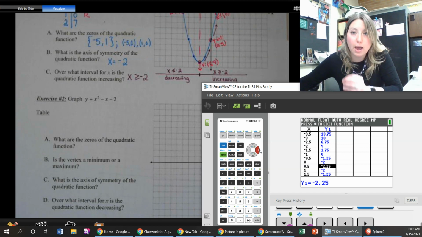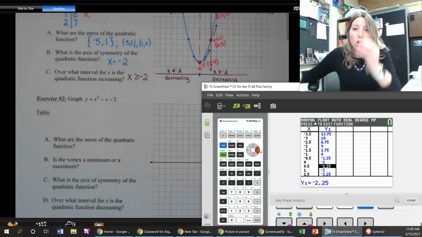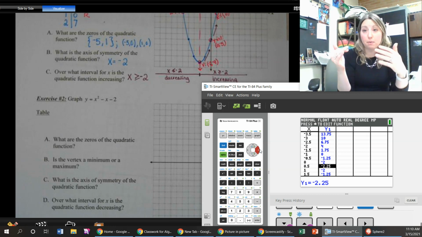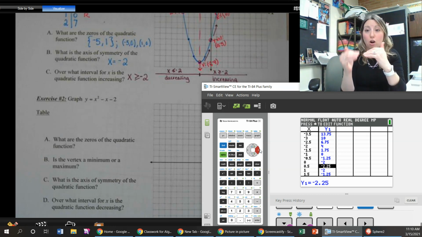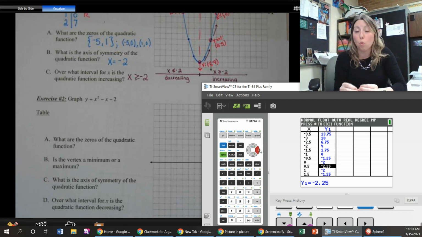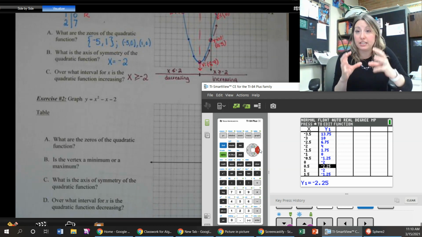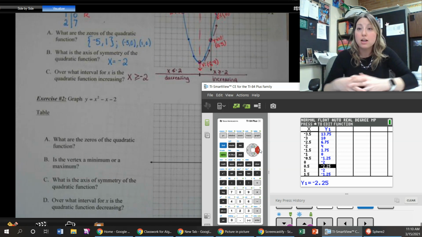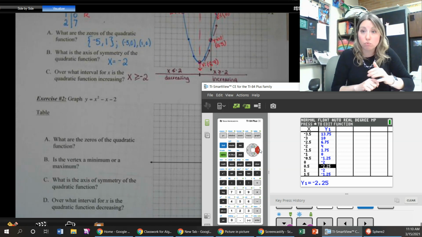That is my actual vertex. So if I plug in a parabola and I see that my axis of symmetry and vertex are between two values, that's how I can find what those are, the exact values. And I need that, the exact values. Okay. Now you'll notice that everything else I write down is just going to be the integer points.